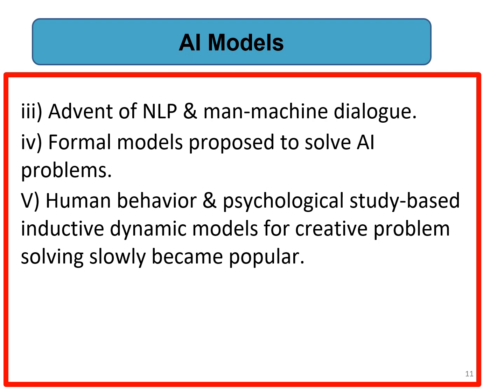The next and final point is human behavior and psychological study. Generally it is based on a dynamic model for creative problem solving. Researchers begin with human thinking, learning and problem solving processes to design more intelligent AI systems.